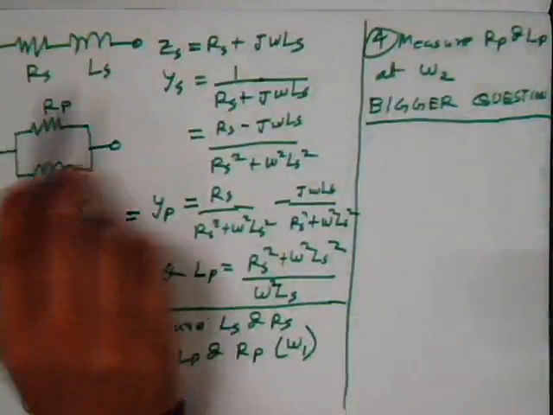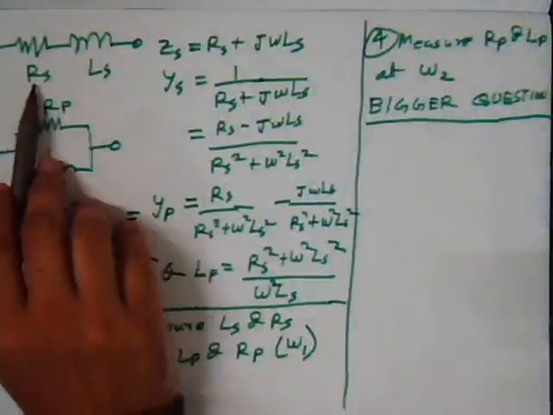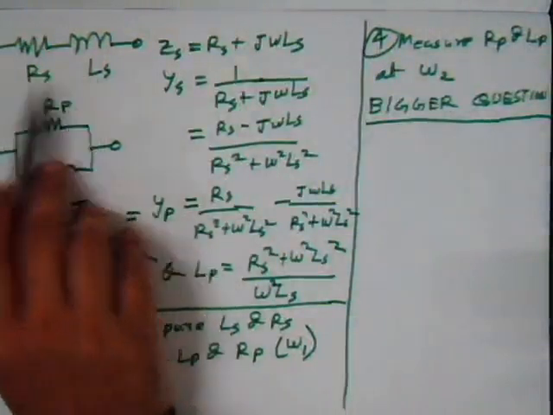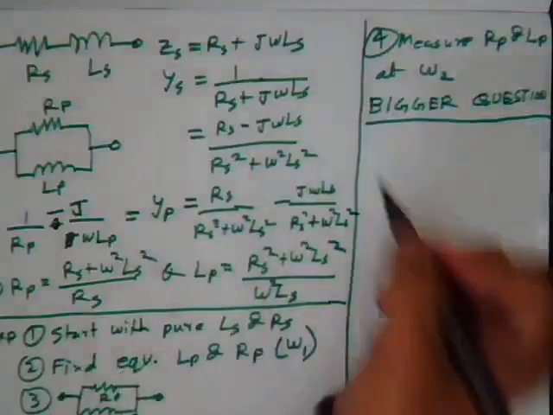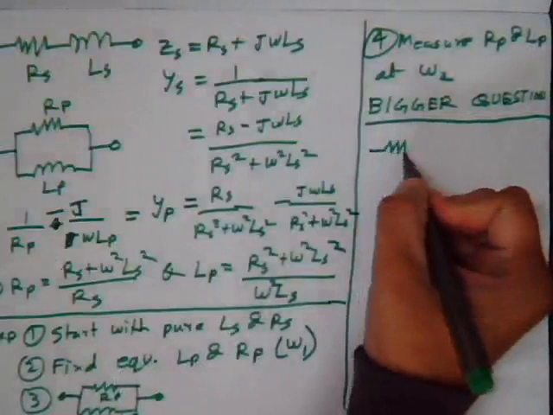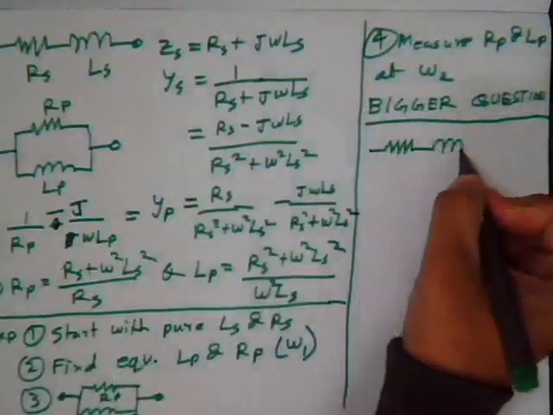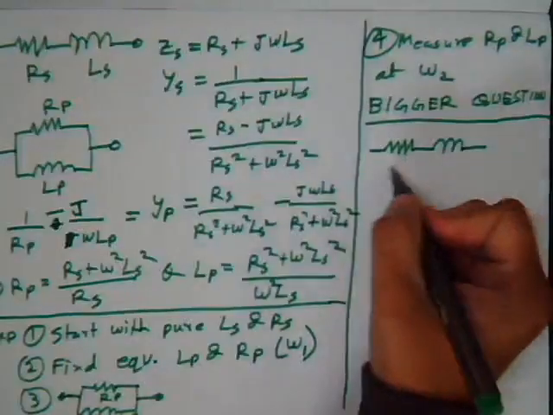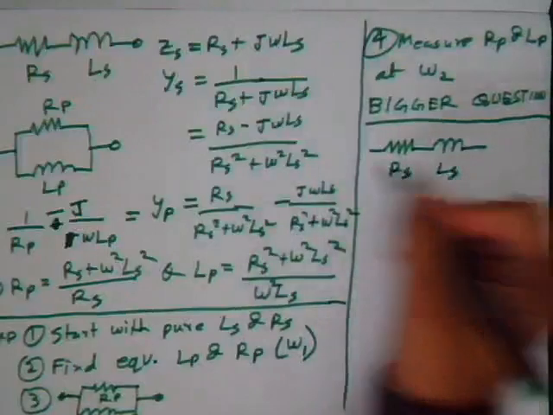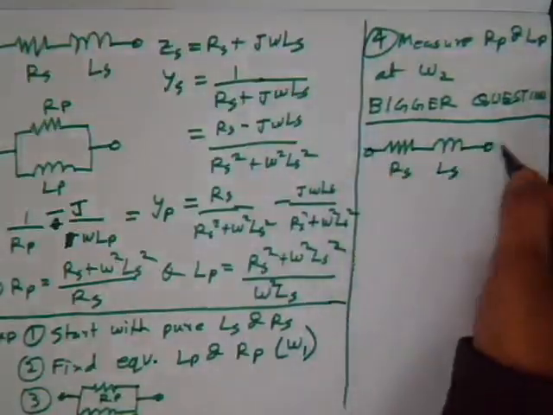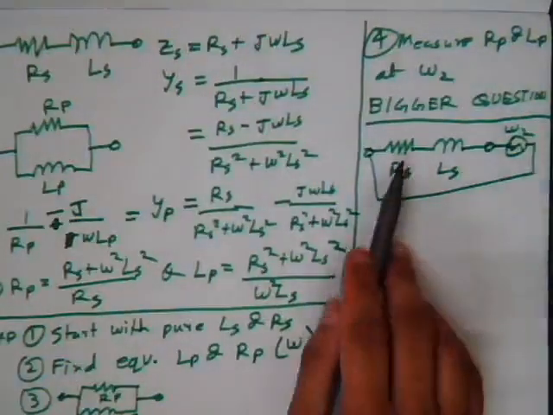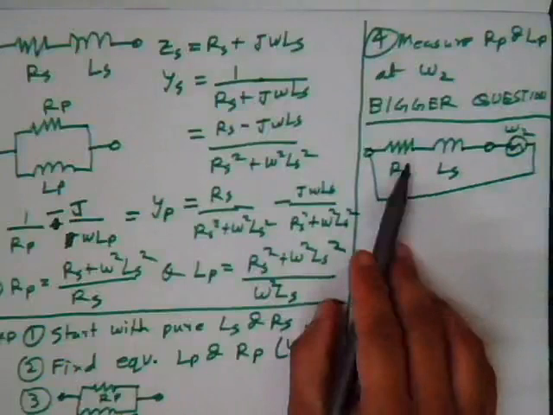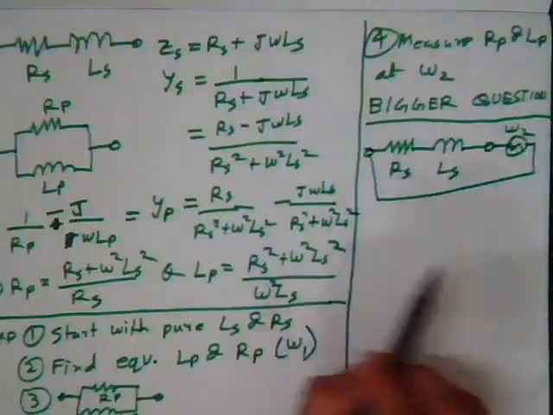However, this series circuit is not changed with the change of frequency. What I mean by that is that if I make this circuit with Rs and Ls and apply a different frequency omega 2 across it, I'll find that the inductance and resistance are still Ls and Rs.